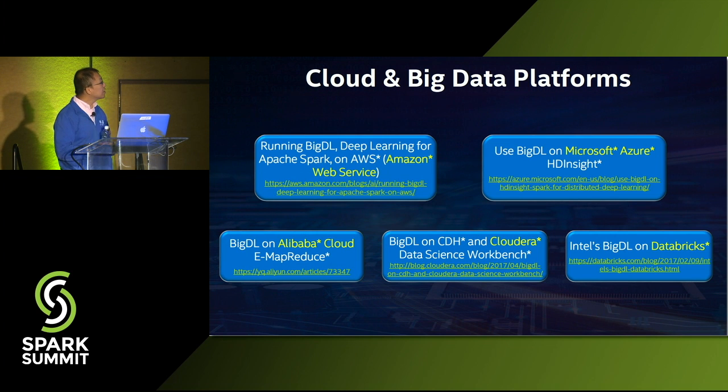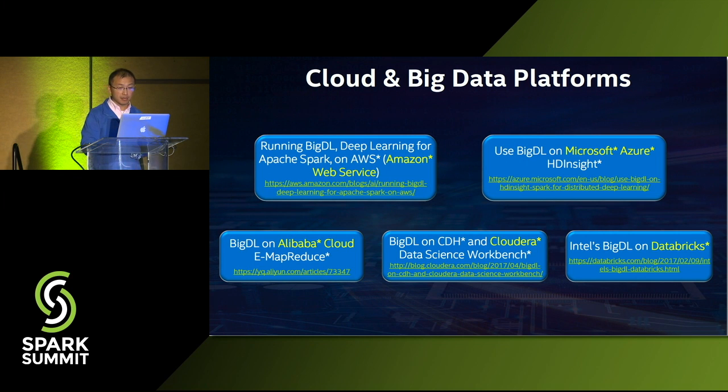So it gets very good adoption by cloud providers like AWS, Azure, Alibaba, as well as big data platforms like Cloudera and Databricks. They actually provide support and tutorials for running BigDL on their platform. So if you're interested, you can check the link there on their website.